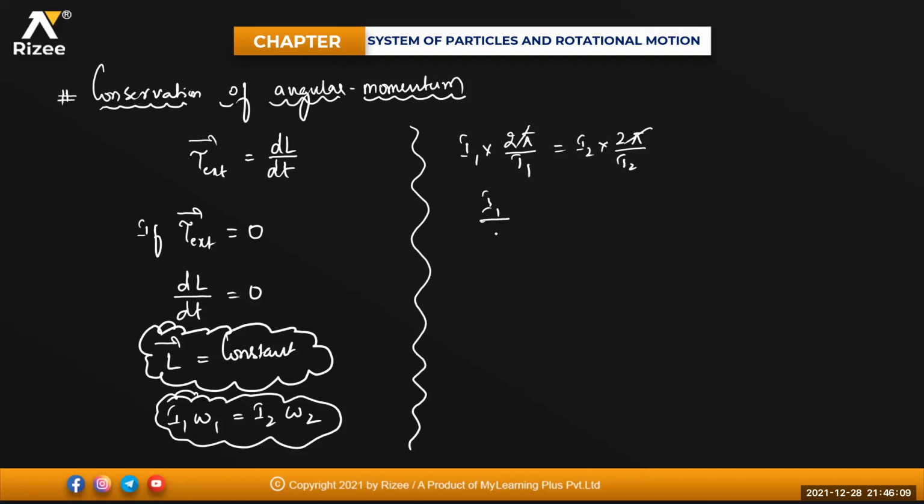So it is I1 divided by T1 equals I2 divided by T2. 1 by T is nothing but frequency. So it is I1 N1 equals I2 N2. Whatever the body, you can write that body's moment of inertia and simplify for the problem application. Clear?